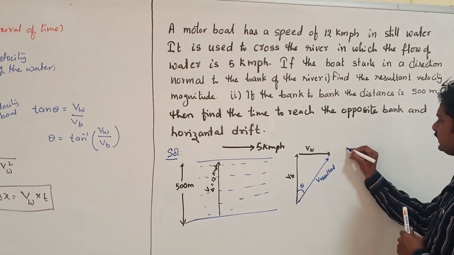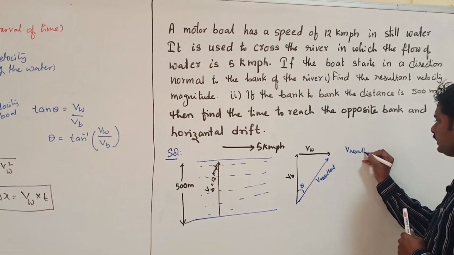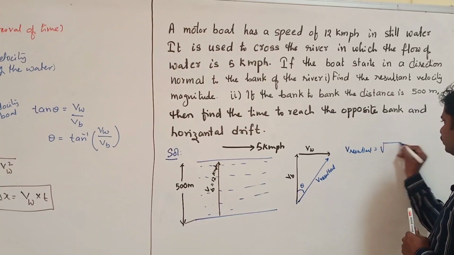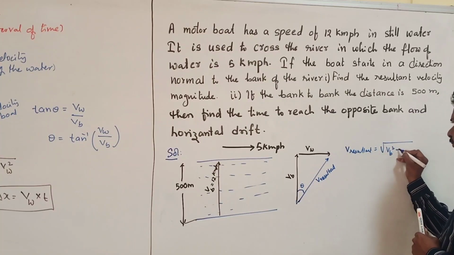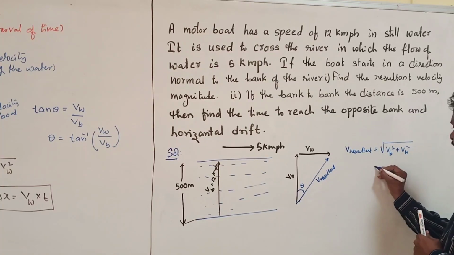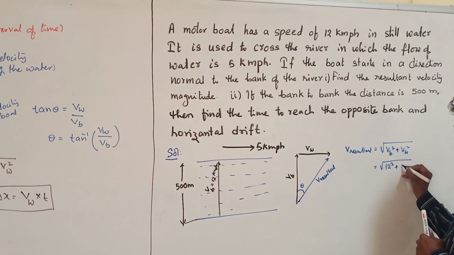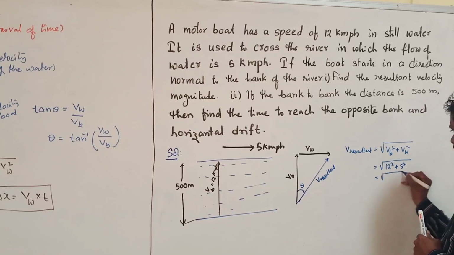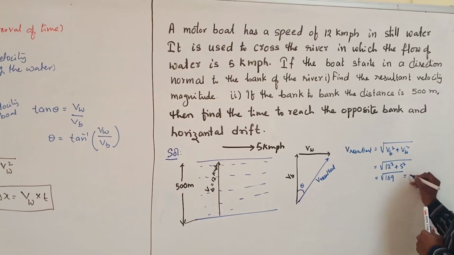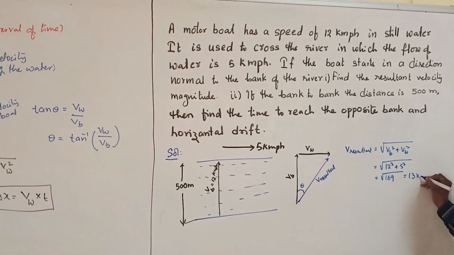Now V resultant is equal to the square root of VB squared plus VW squared. What is VB? From the problem it is given, 12 squared plus 5 squared, which is 169, so 13 kmph, right?